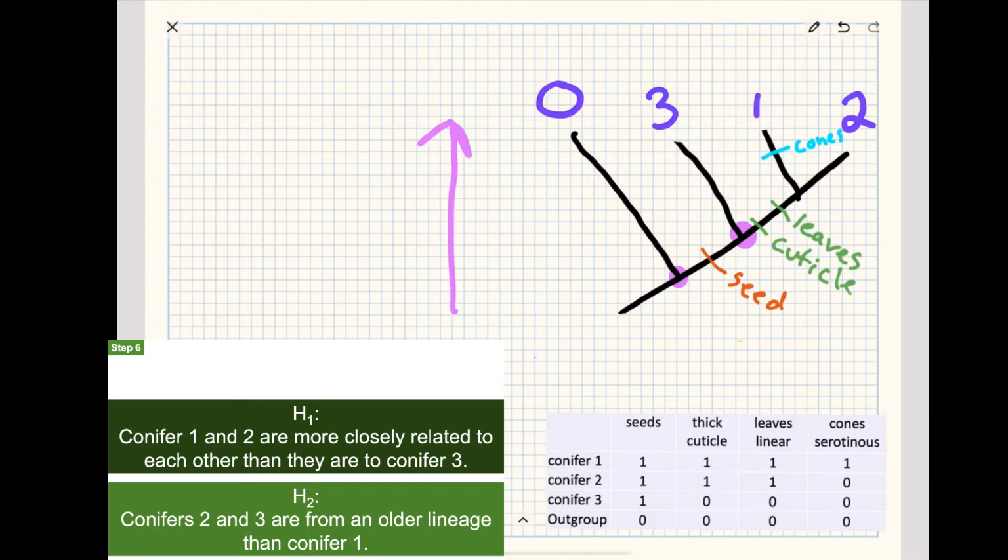And here, the second most distant common ancestor, there's only one descendant from it, and it is conifer 3. And so conifer 2 is from a more recent lineage than conifer 3. It's from the same recent lineage as conifer 1. And so we can accept the null, actually, of hypothesis 2.